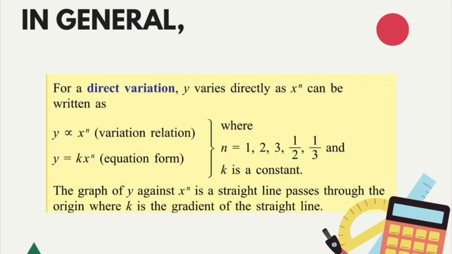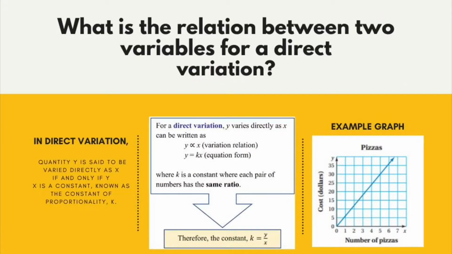In equation form, you replace that symbol ∝ with equals k, where k is a constant and each pair of numbers has the same ratio. Therefore, the constant k equals y over x.